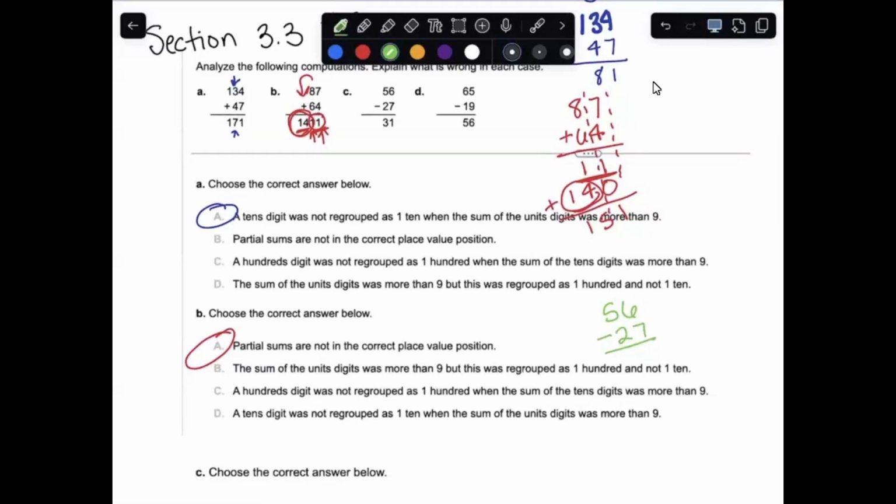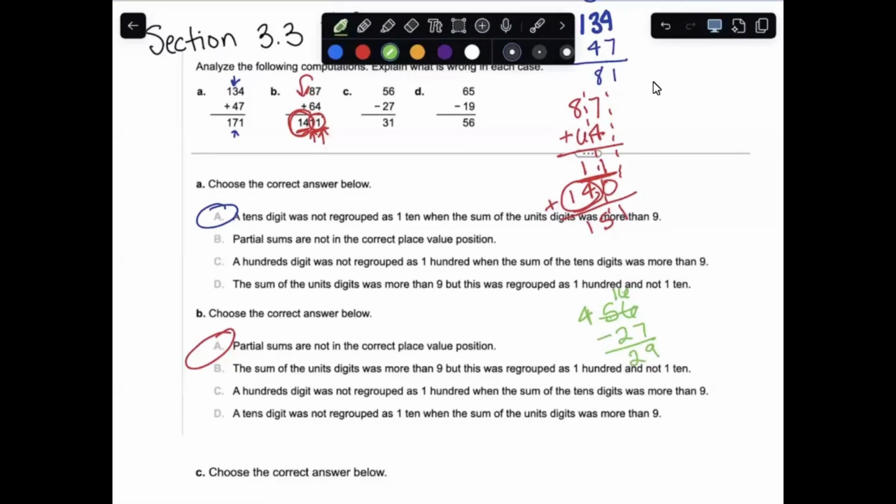Now, our typical algorithm for subtracting these two numbers would tell us that we need to regroup 56 so that we use one of the tens and include it in our ones place. So instead of 5 tens and 6 ones, I would think of this as 4 tens and 16 ones. And then I would say 16 minus 7 is 9, and 4 minus 2 is 2.